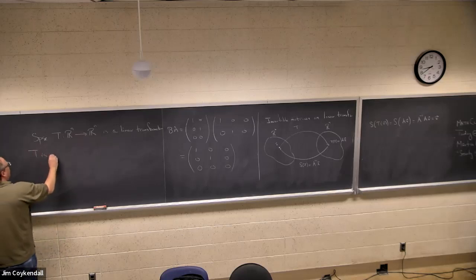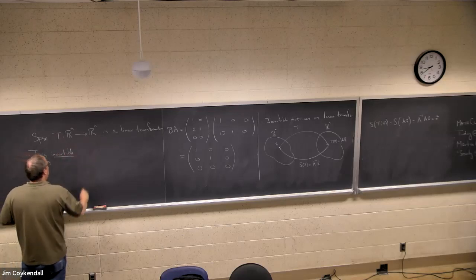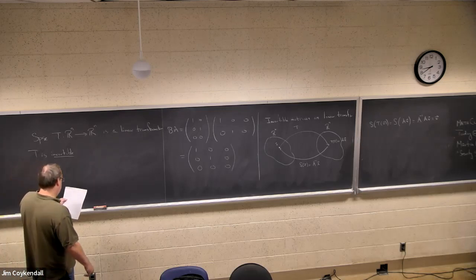T is invertible. So I've talked about what it means for the matrix to be invertible. What do I mean for the transformation to be invertible?